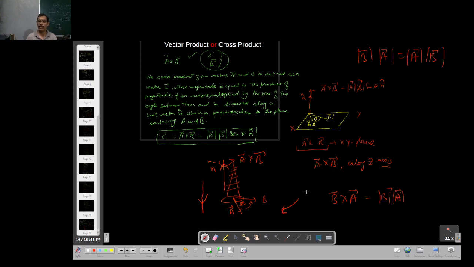But what happens when the screw is rotated in the opposite direction? It advances in the opposite way, right? So the magnitude is ab sine theta, but the direction will be minus n cap.